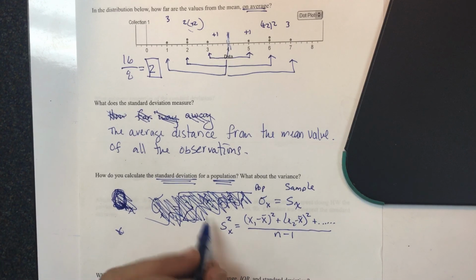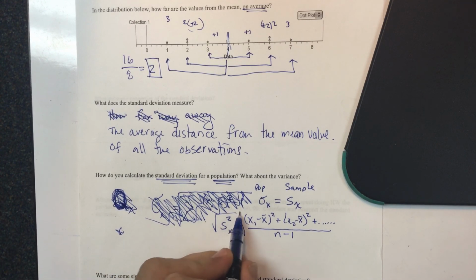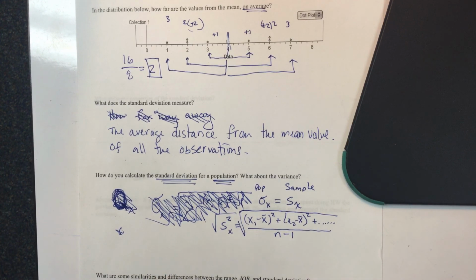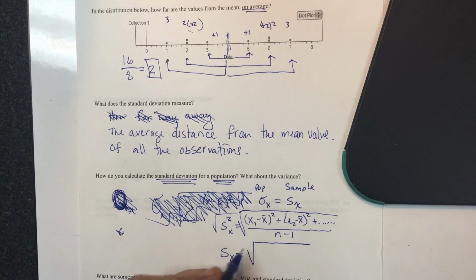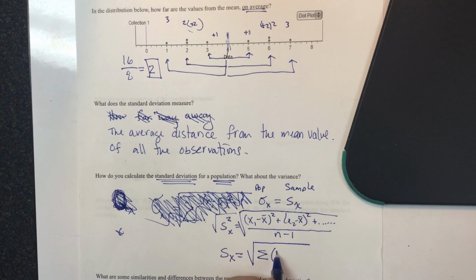So this thing looks a little bit ugly, but you'll also see it in a little different form. If we took the square root of both sides, we get a little different piece to it, which is going to be the standard deviation of x is equal to the square root of the sum of x, there's a little i there, of all the x's minus x bar squared over n minus 1.